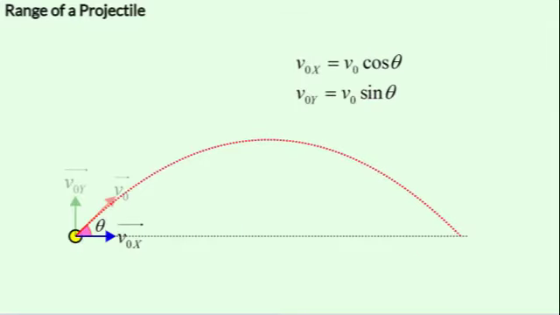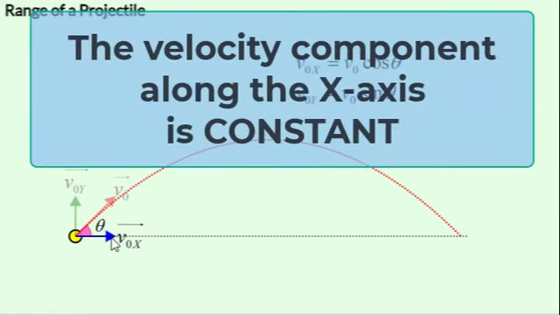The second concept that we will use is that along the x-axis, the velocity component of the projectile v0x remains unchanged throughout the flight, or along the x-axis, the velocity is constant.